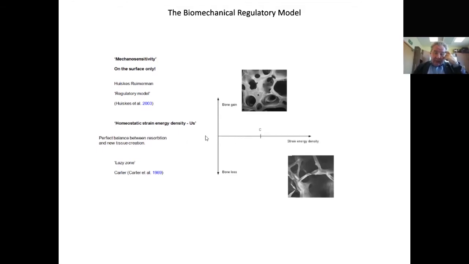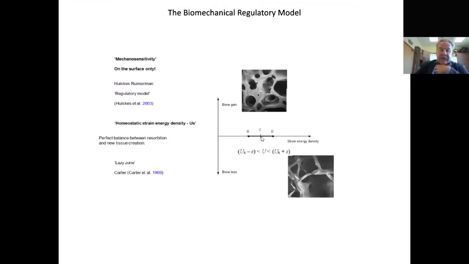So first of all, we have to measure the stimulation. We will measure it with strain energy density. There are different possibilities, of course, but this is what was chosen by Huiskes. And this C means the homeostatic value which produces the same density of bone. So it's 0 here. There is no bone gain and no bone loss if we have this value C. And now the lazy zone.